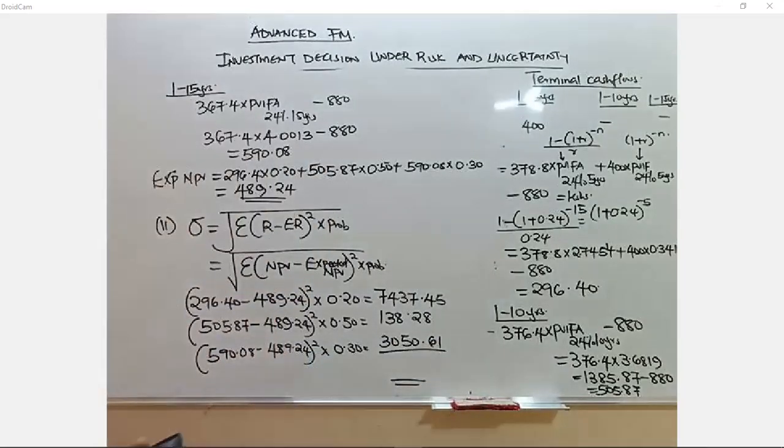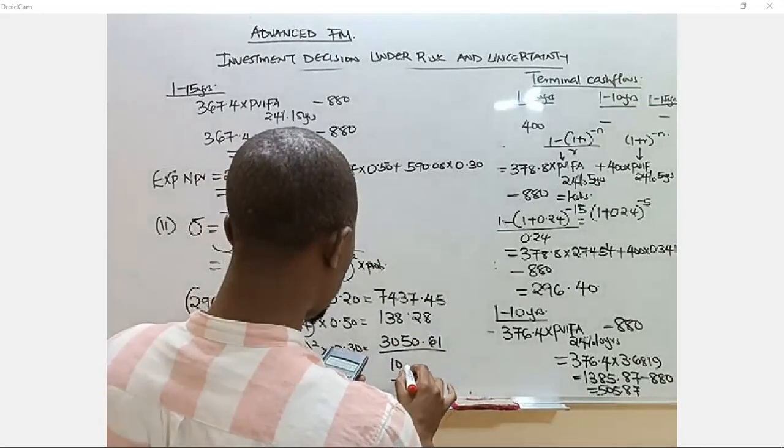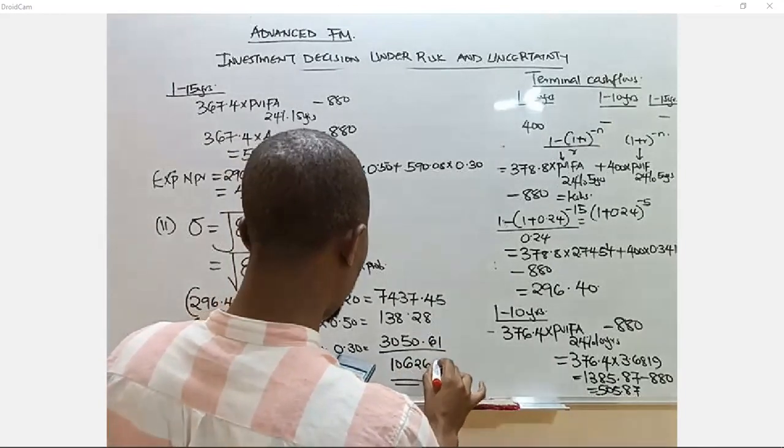What is our total here? Now, in this case, we are going to be getting 3050.61 plus 138.28 plus 7437.45. We are getting 10,626.34.